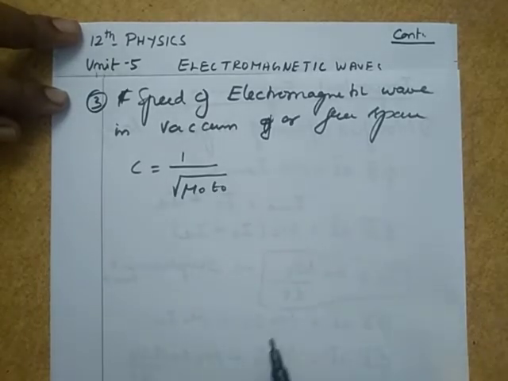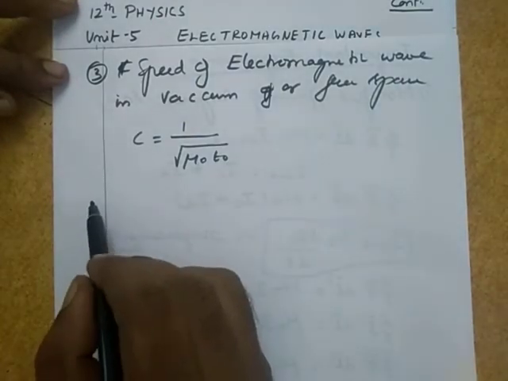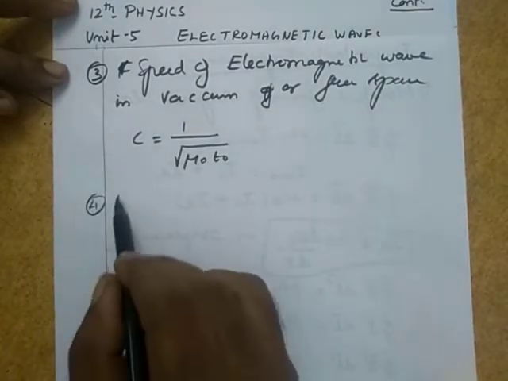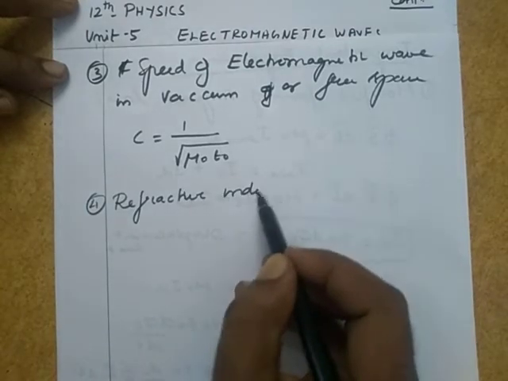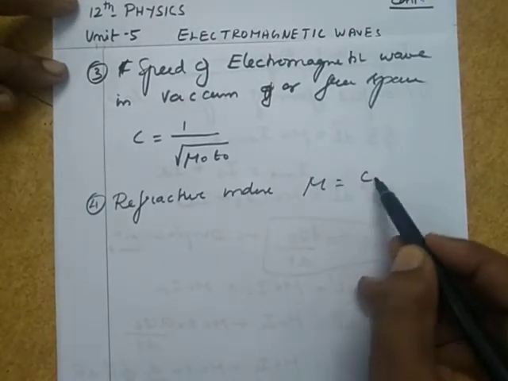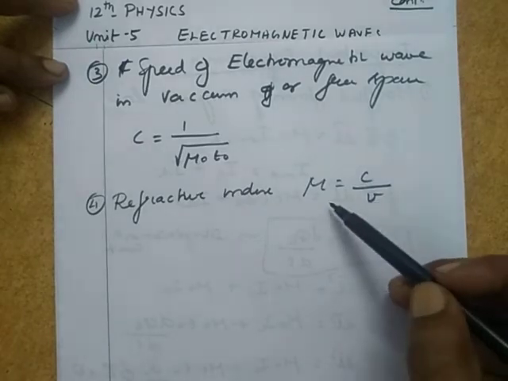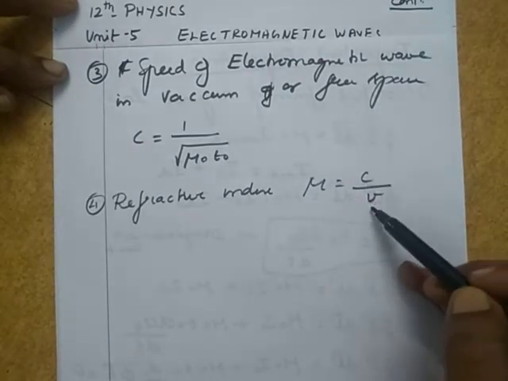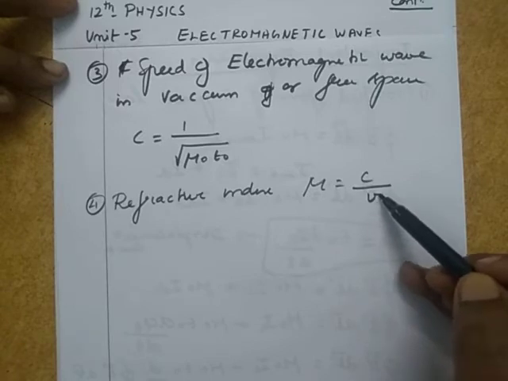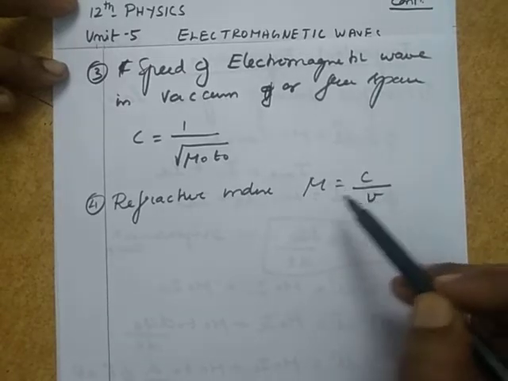The refractive index of the medium can be written as mu equal to C by V. Here C is the velocity of the electromagnetic wave in vacuum, V is the velocity in the medium having refractive index mu.